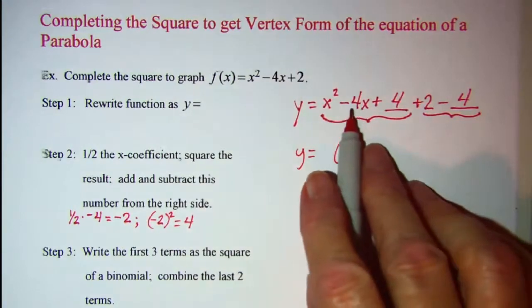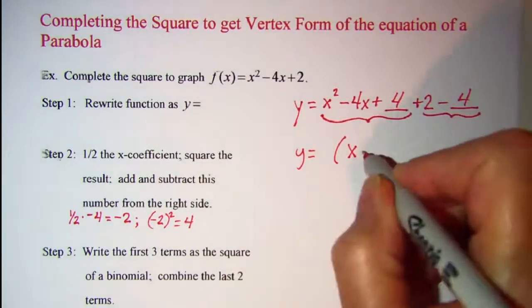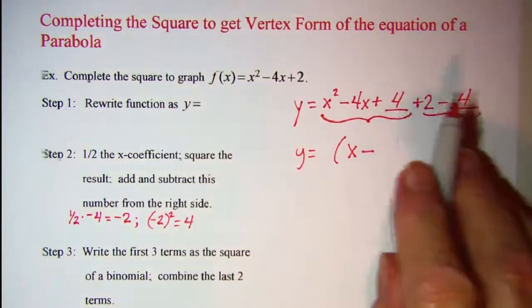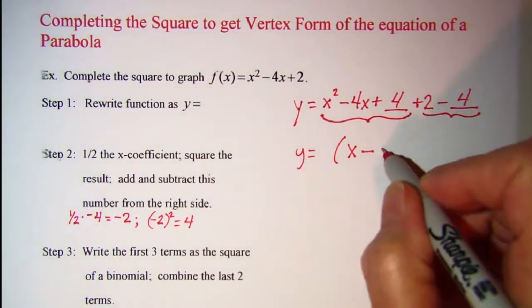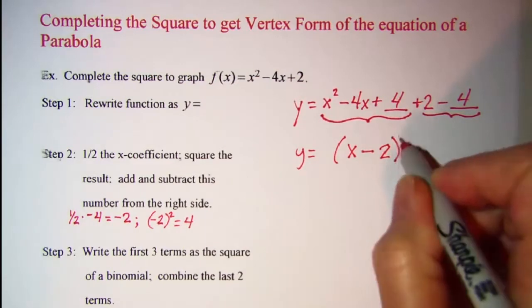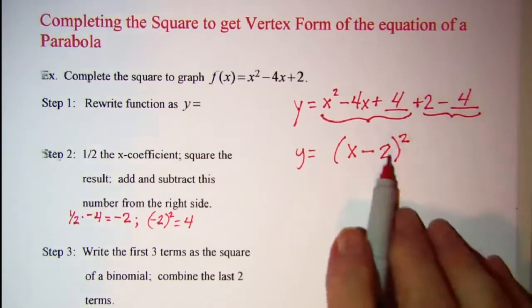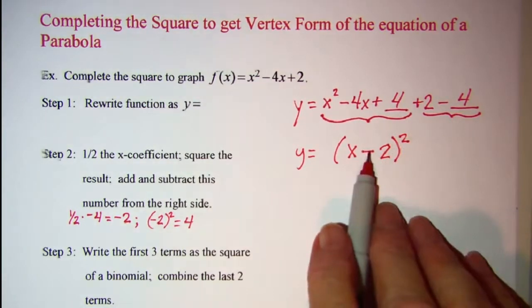And then I need the sign of the middle term, which is minus. And then the square root of the last term in the trinomial is 2. So this is my binomial squared.